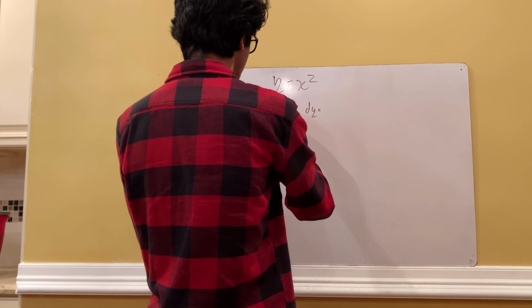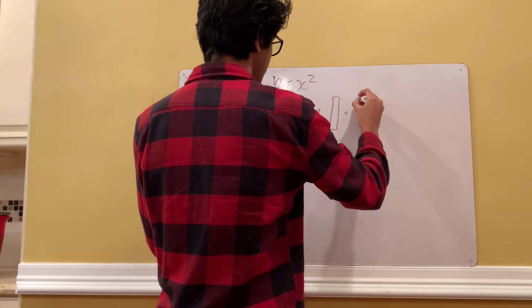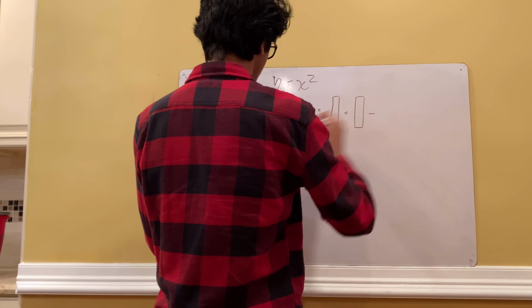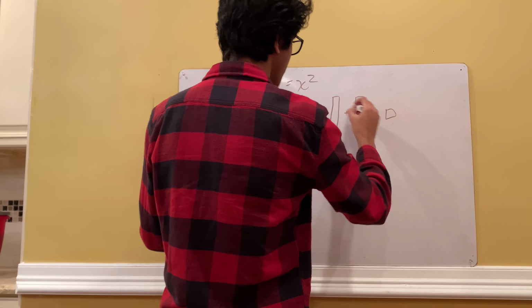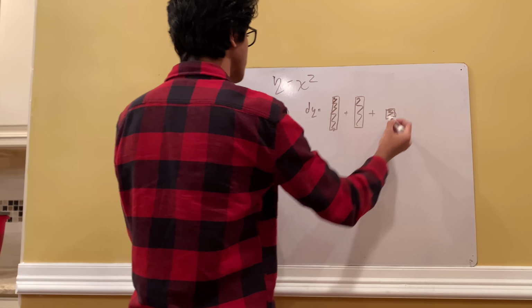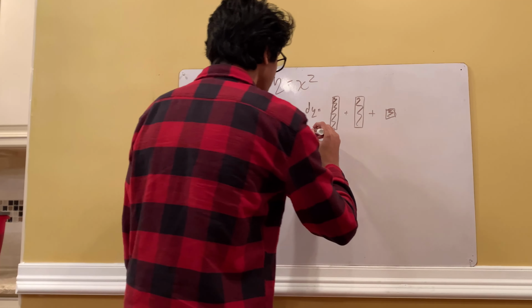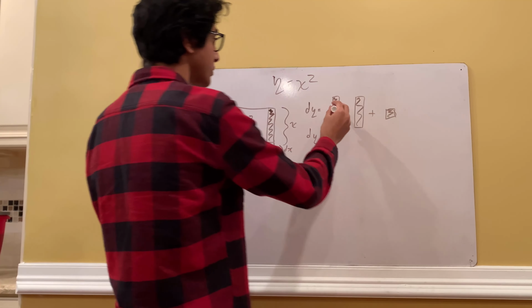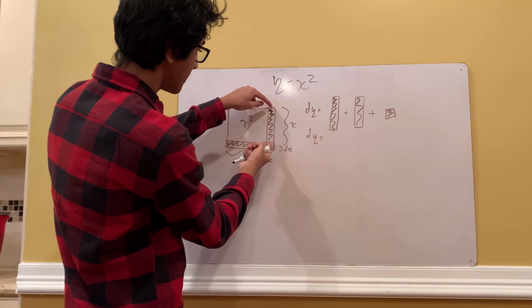So dy would be equal to this rectangle plus this rectangle, right, this one, and then this tiny square. And they're all shaded. Okay. So dy is equal to the area of this one, which would be this rectangle.